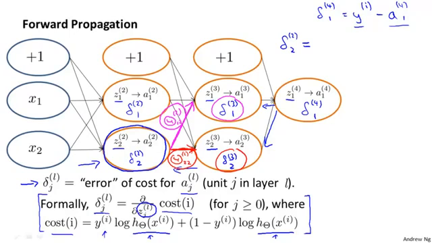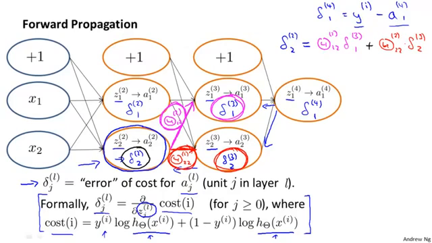So concretely, let me fill this in. This delta 2,2 is going to be equal to theta 2 of 1,2, which is that magenta weight, times delta 3,1, plus, and then the thing I had in red, that's theta 2 of 2,2 times delta 3,2. So it's really literally this red weight times this value plus this magenta weight times this value, and that's how we wind up with that value of delta.